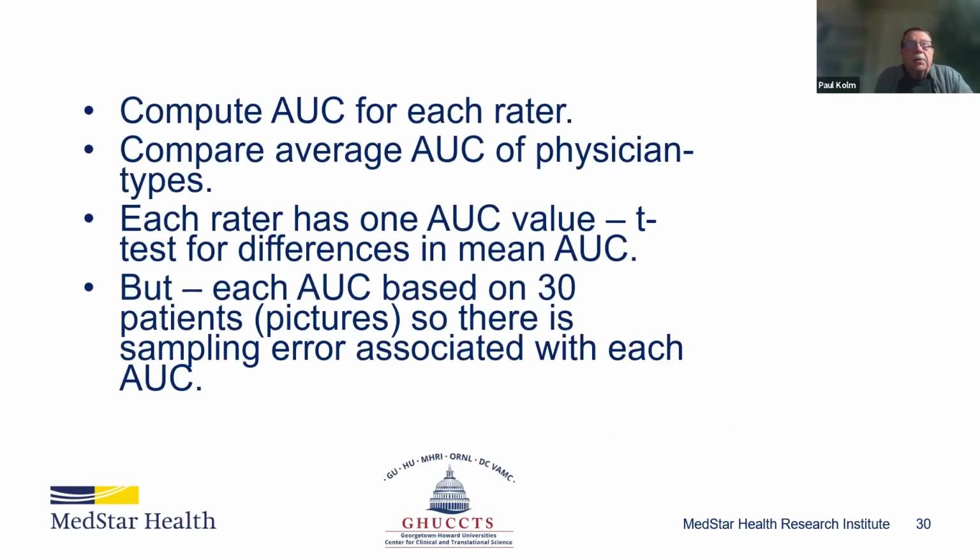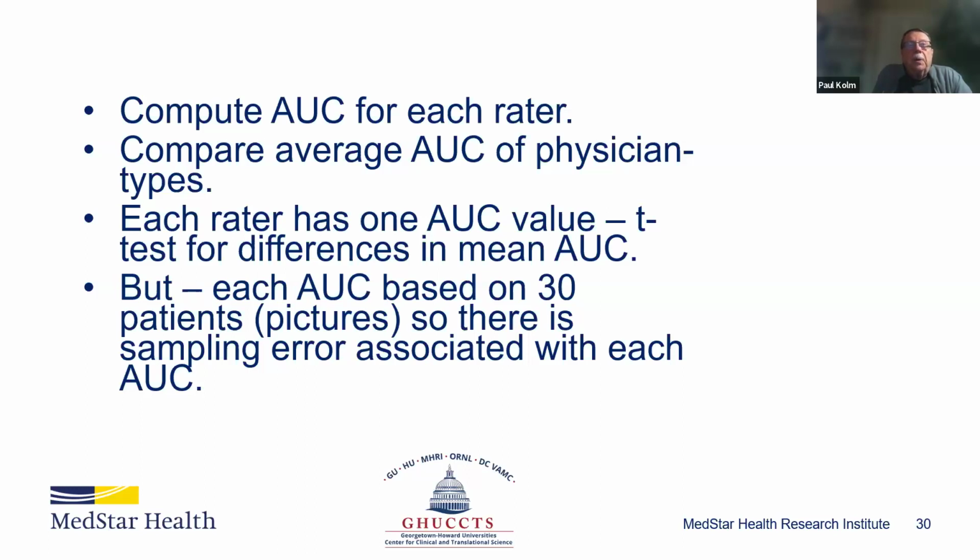So what are we going to do? Well, we're going to compute an area under the curve for each rater. And then when we do that, we want to compare the average area under the curve for dermatologists and PCPs.